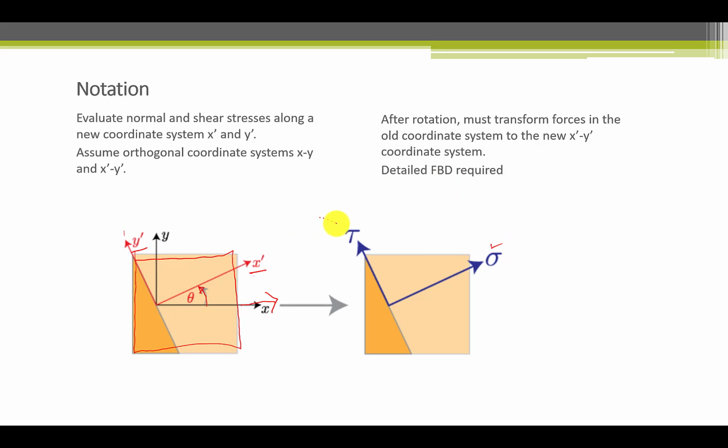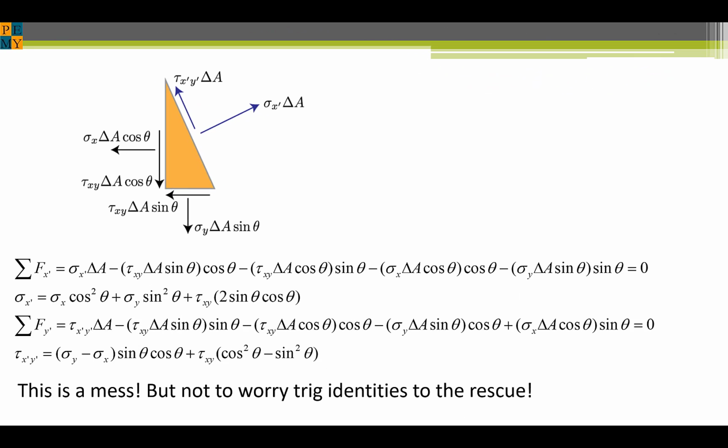This is what we're after in the new x prime, y prime coordinate system. This isn't as bad as it looks, so let me explain. If we take a slice from the stress element shown here, we can determine the transformation equations needed to convert known stresses for the stress element at one angle to any other angle theta. So in this case, this is theta.